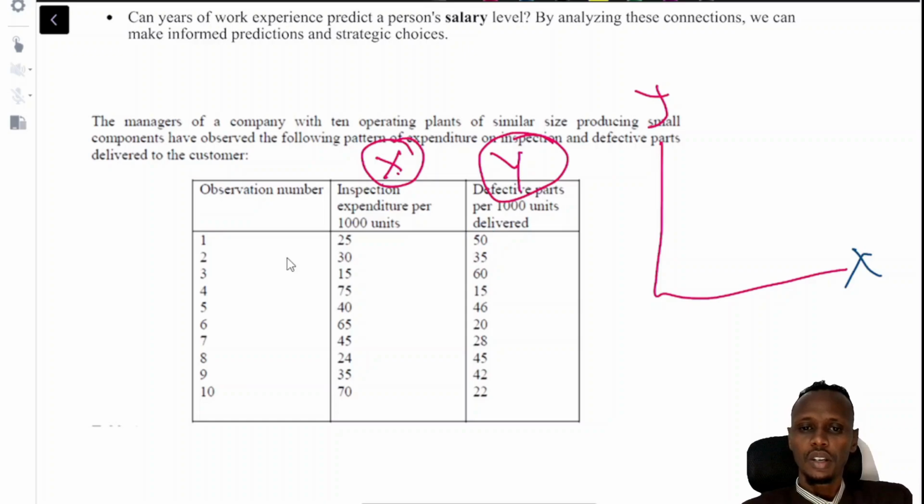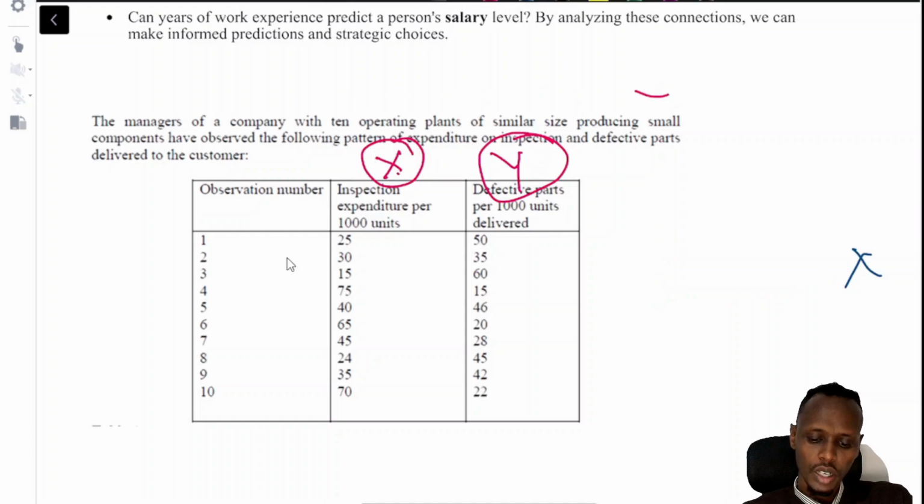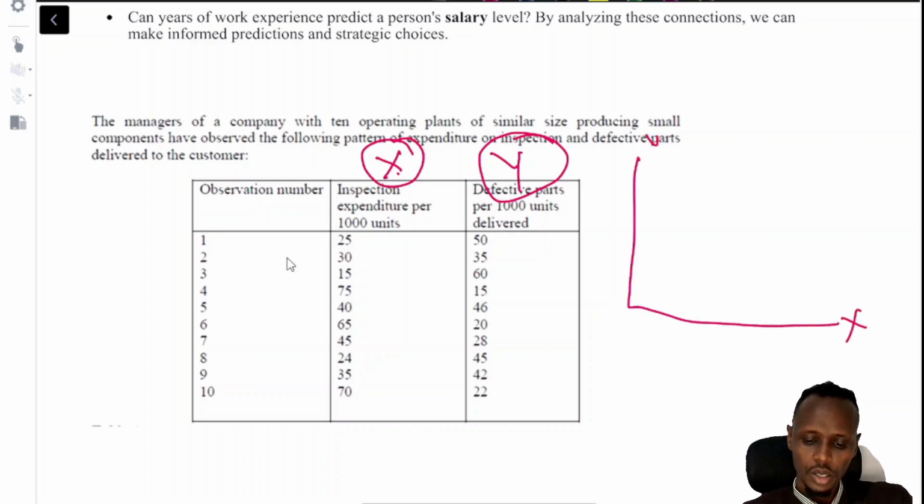If we do this, we will draw a graph. We will draw a scatter graph. Here is X and here is Y. So let us assume here is 10, 15, 20, and then here is say 10, 20, 30, 40.